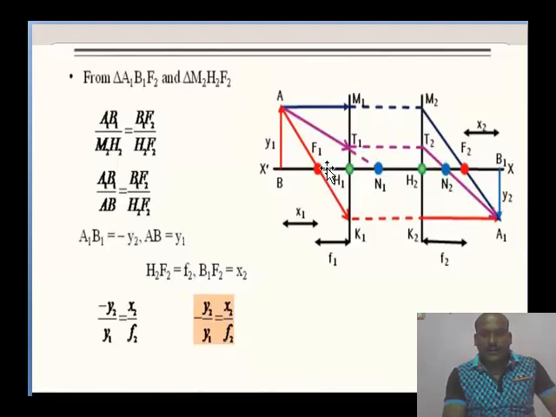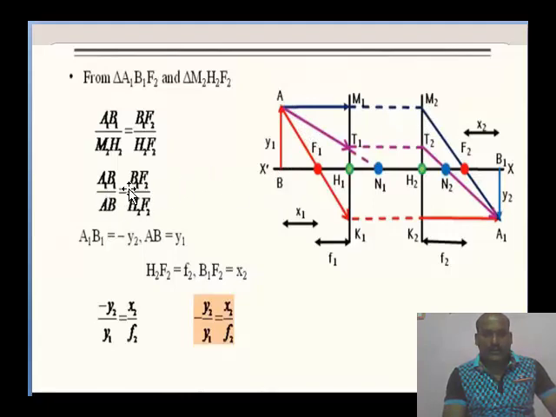Automatically you take the first sides: A1B1 divided by M2H2 is equal to B1F2 divided by H2F2. Now M2H2 is the same height as AB. That's why instead of M2H2 we can take AB.